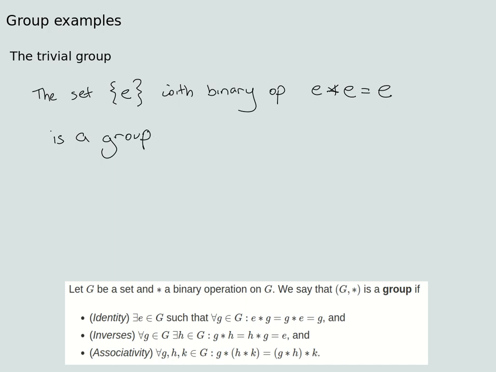So you can check all three group axioms. It's very easy because the binary operation is so straightforward. And the name for this group is the trivial group. All right, so this is an occasionally useful example.